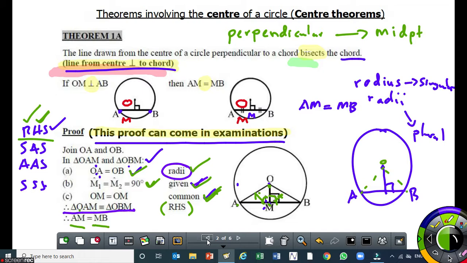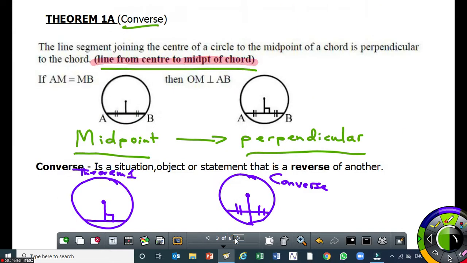I'm telling you this because it's very important. From my past experience, learners have a tendency of confusing the two. And it's very easy to make a mistake there. For the converse, there is no 90-degree angle, but it will be indicated that the chord is bisected by a line which passes through the center, or which originates from the center.